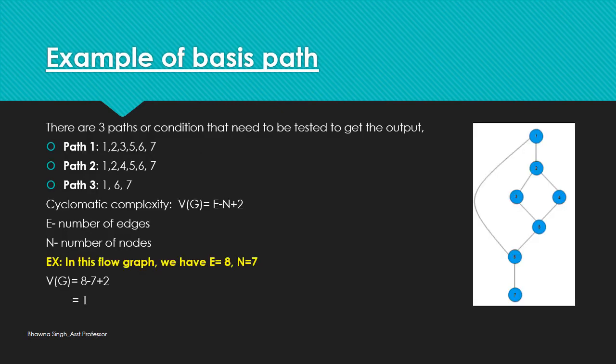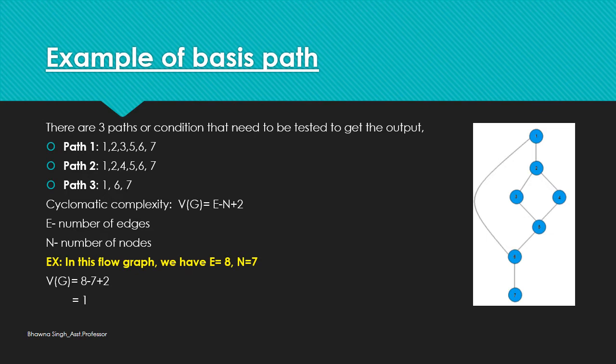Let us understand the concept of this basis path testing with an example. For example, this is the flow graph that we have created for a particular program, and in this flow graph you can see that there are 1 to 7 nodes: 1, 2, 3, 4, 5, 6, 7 nodes are there, and we have the number of edges equal to 8. So in this flow graph we have 8 edges and 7 nodes, and we'll be able to calculate how many paths are there between each node.